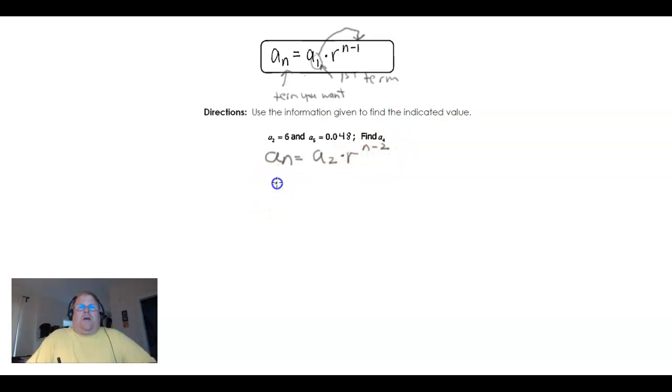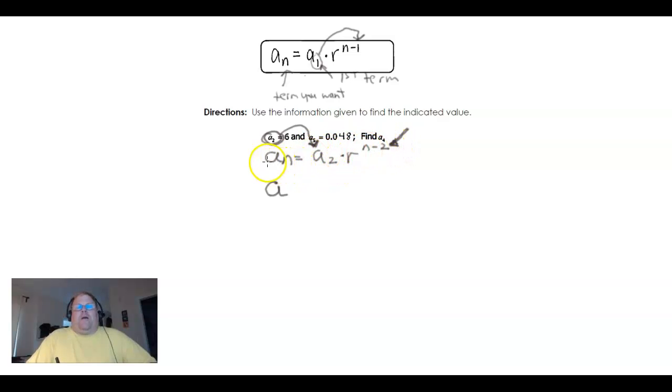Watch, because you want basically this lowest term to be the one you stick in right here. That's basically how you use this formula. You just have to make sure you accommodate it by making sure that this number here matches it. Okay, 2 and 2. If the first term they gave me was a 20, I would make sure this is a 20 and make sure there's a 20 over here.